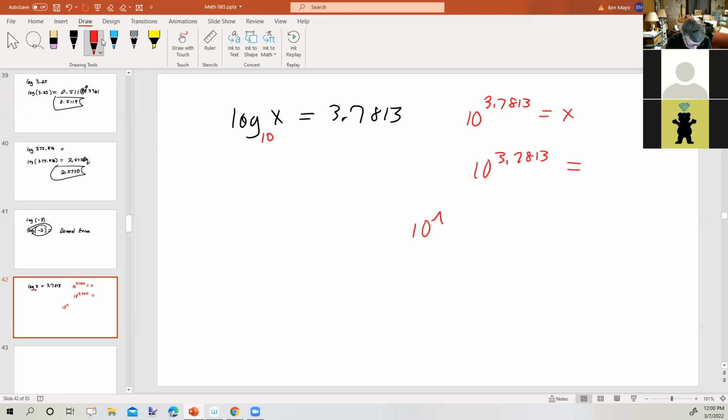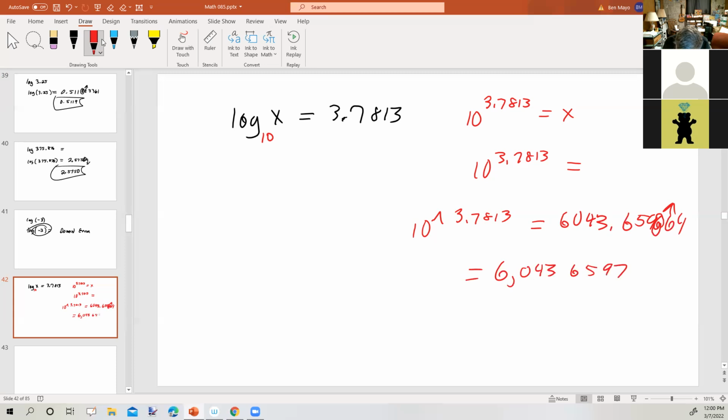We'll go 3.7813 equals. And I get 6043.659664. That's the 4th decimal place. The 6 rounds up. So 6,043.6597 should be the answer.